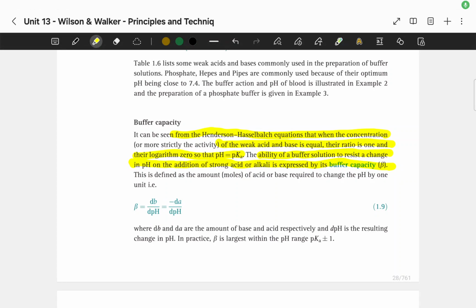So we are back to reading chapter 1 from the book of Wilson and Walker, Principles and Techniques.